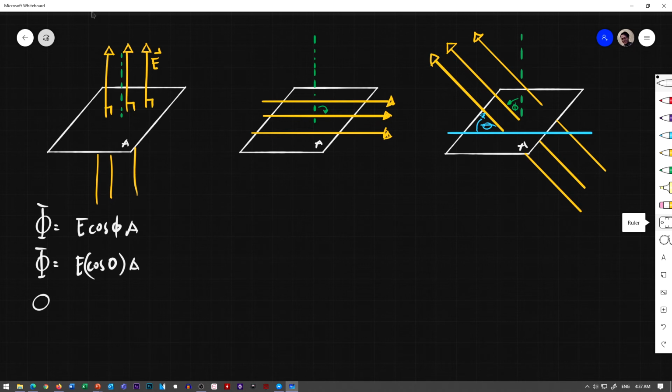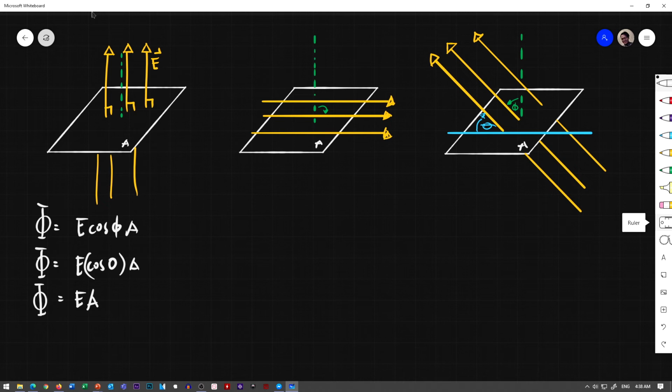So this will be EA. Alright, so this will be the final formula or the definition of the electric flux that passes perpendicularly to the surface of something.